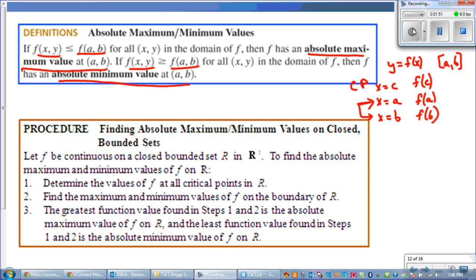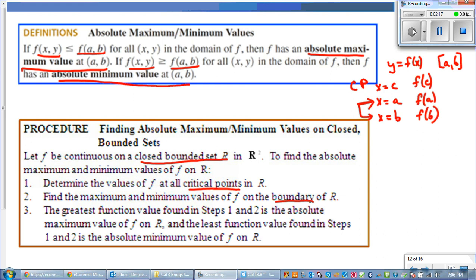Now to find the absolute maximum and minimum, we have that f is continuous on a closed bounded set. We get the absolute maximum and minimum by looking at the critical points and looking at the boundary and determining the values where f is the largest at either the critical points or on the boundaries.